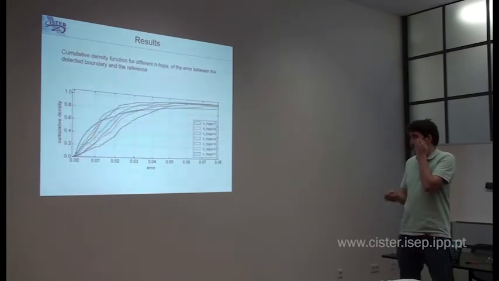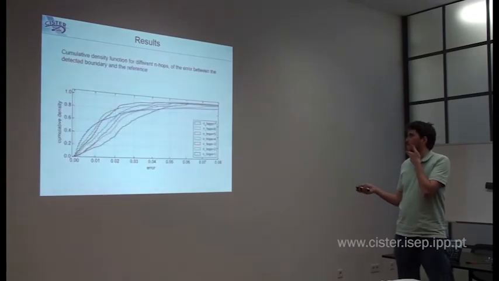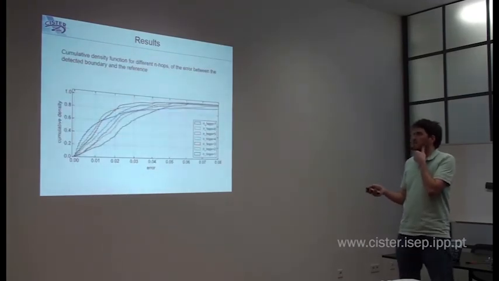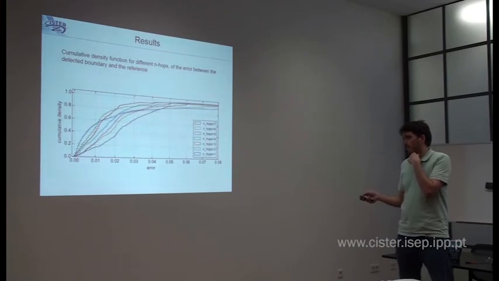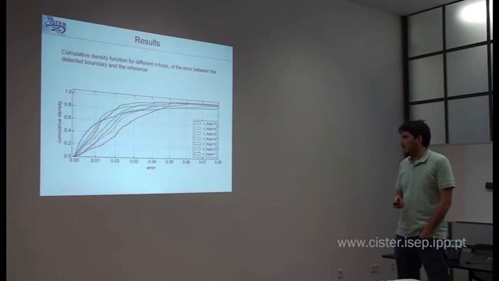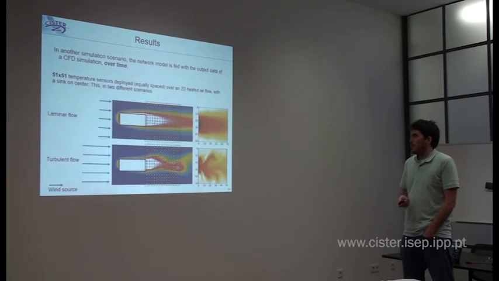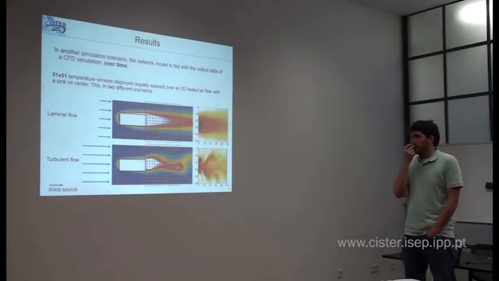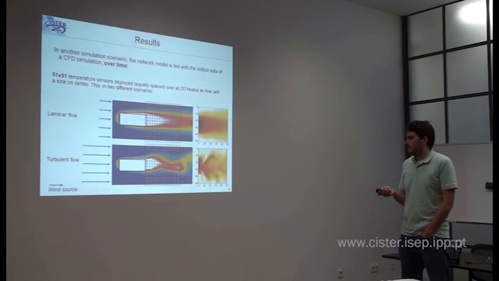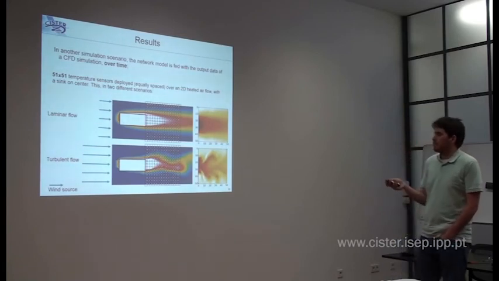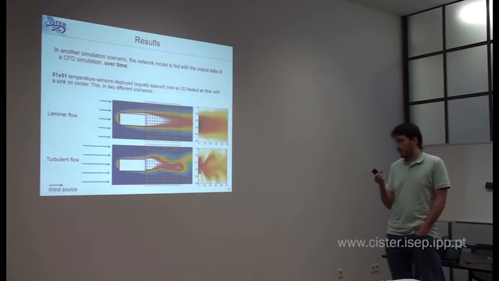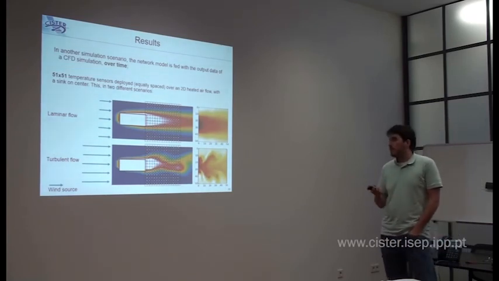This is the error of our findings with different neighborhood sizes, and we can say that 80% of the nodes have an error smaller than 4%. The error is quite small. The last experiment was just to show that for different scenarios, different dynamics and phenomena, our network behaves differently as well.